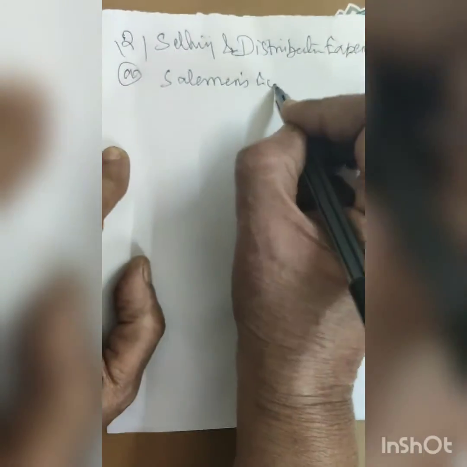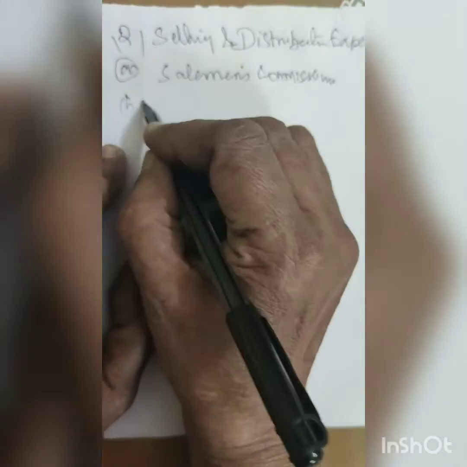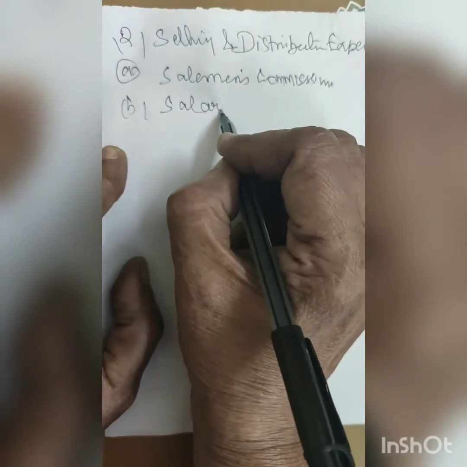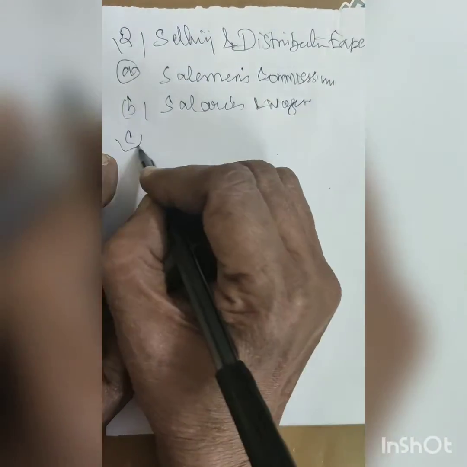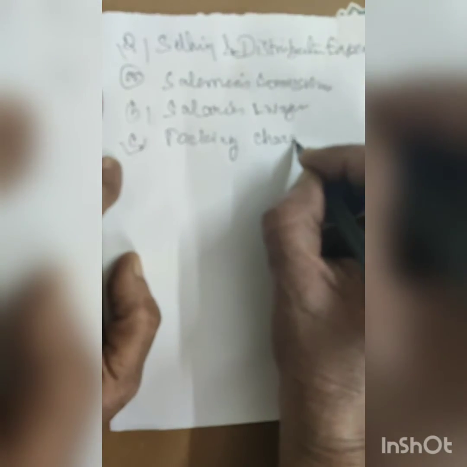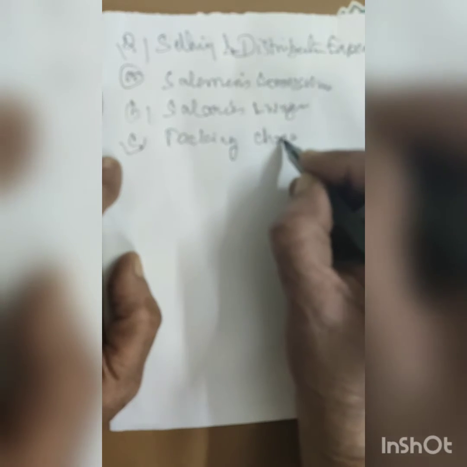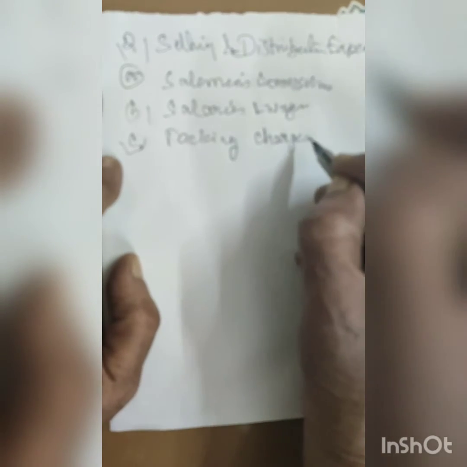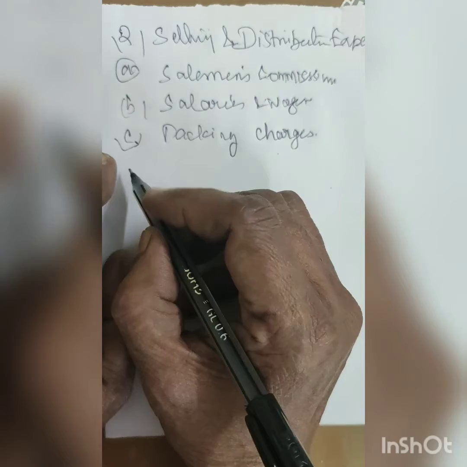Salesman's commission to be paid to the salesman, and their salaries and wages also we can include. Sometimes wages are also paid for certain work, and packing charges. That means charges when goods are packed before being taken to the showroom.